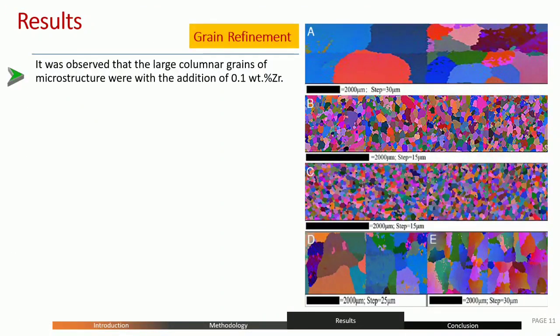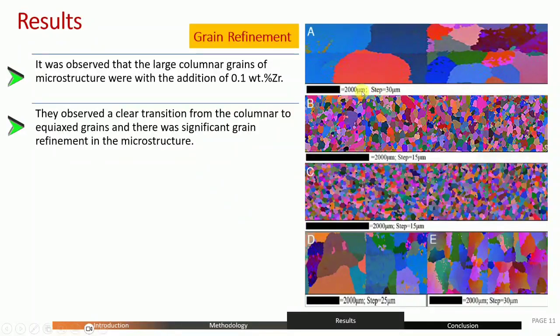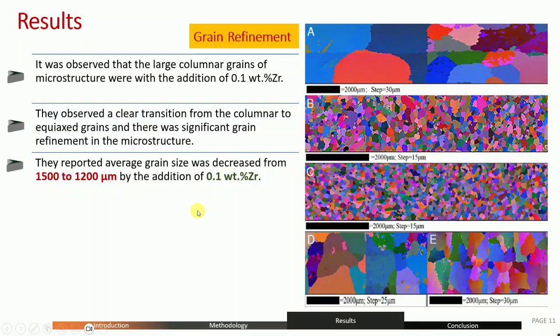So these are the conclusions that they have found: good refining was done by 0.1% of zirconium. Large columnar grains were there with 0.1% zirconium, but with 0.1% titanium, very fine columnar grains were there. So the particle size by adding zirconium is about 1500 to 1200 micrometers.